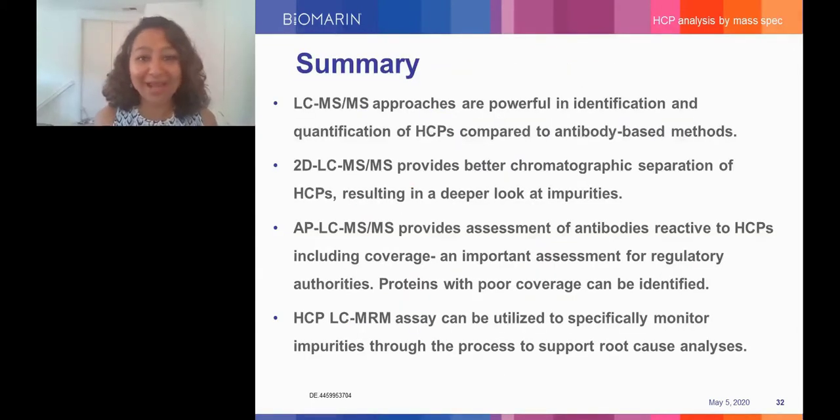So I hope I've convinced you that mass spectrometry has developed to the point that it's a fantastic tool for analyzing all the way from harvest to purification steps and to the drug substance or drug product.